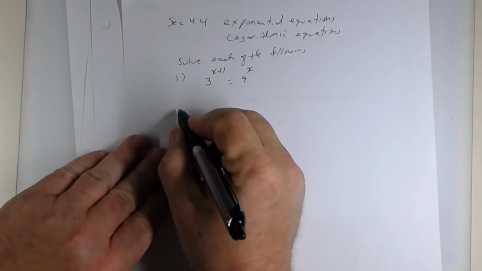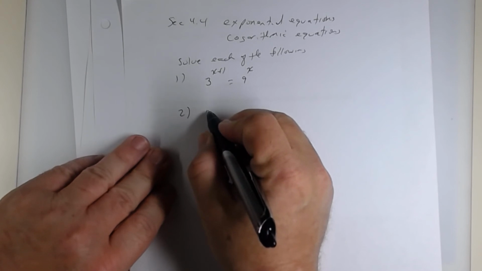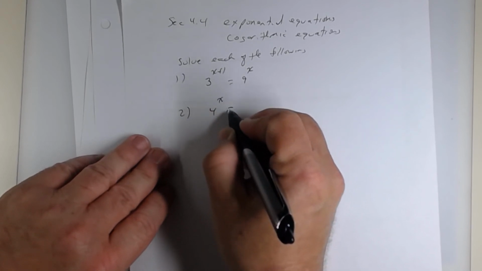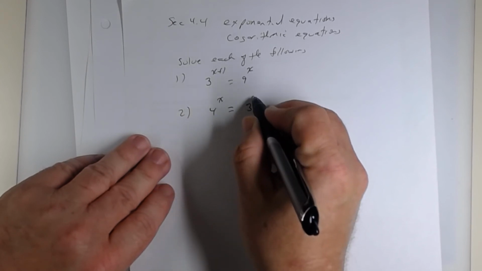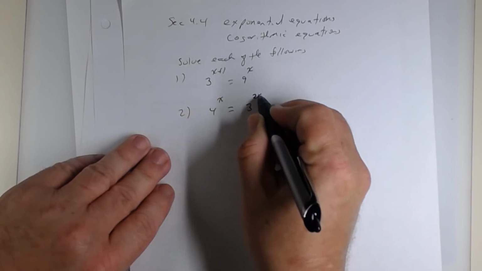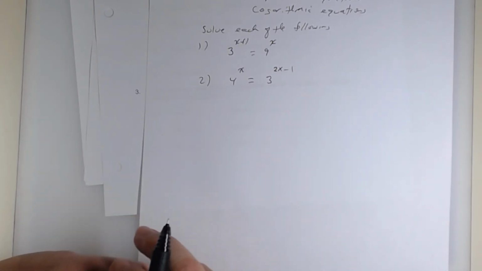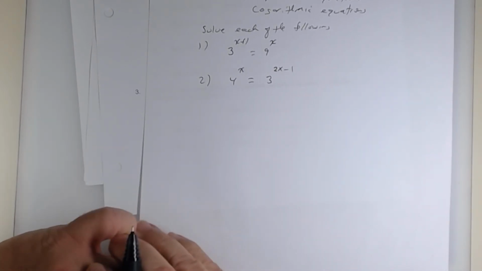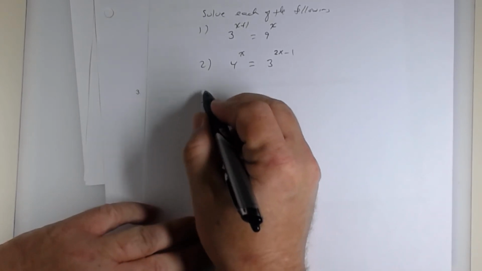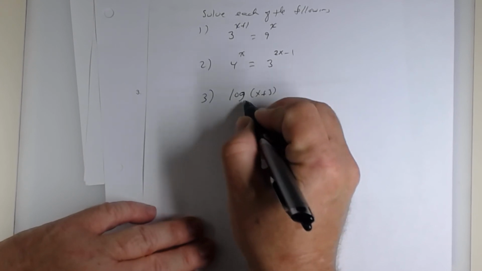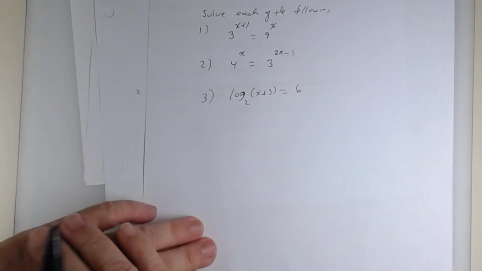Then you'll be able to do something like this. Suppose you had 4 to the x power equal 3 to the 2x minus 1. This is also called an exponential equation. Then you're going to have this: log base 2 of x plus 3 equal 6.